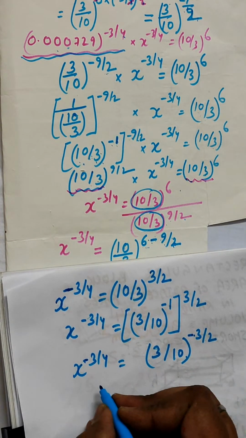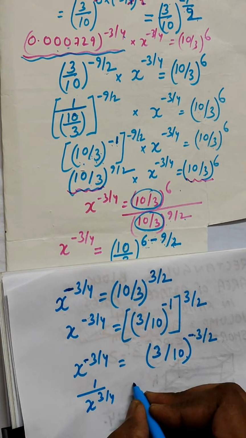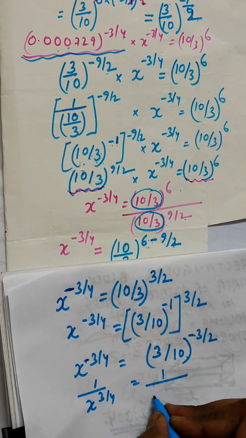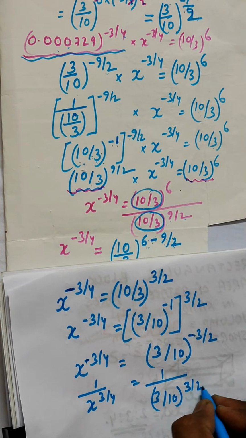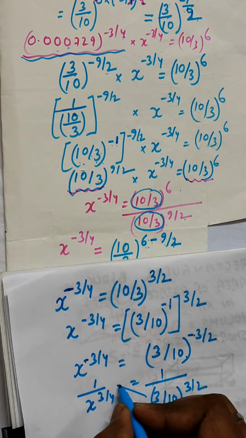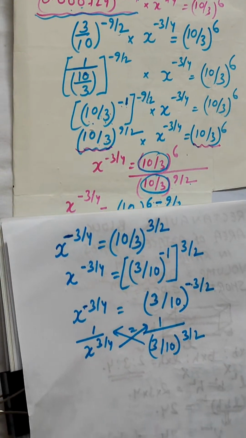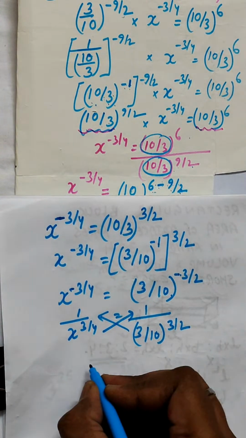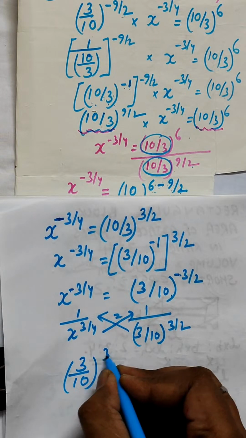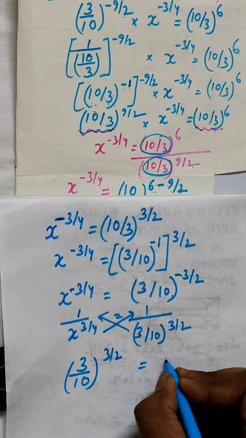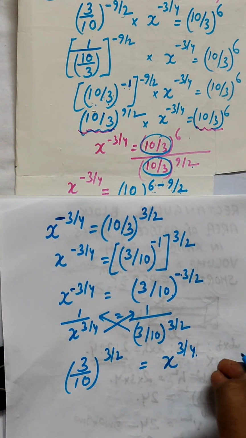Let me show you. X power 3 by 4 is equal to 1 by 3 by 10 power 3 by 2, right? Now just cross multiply. This will give you 3 by 10 power 3 by 2 as equal to x power 3 by 4, right?